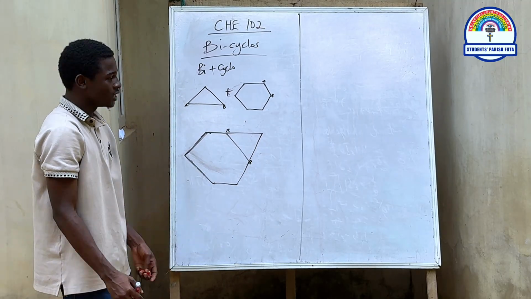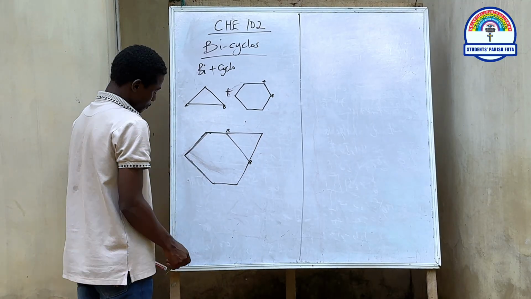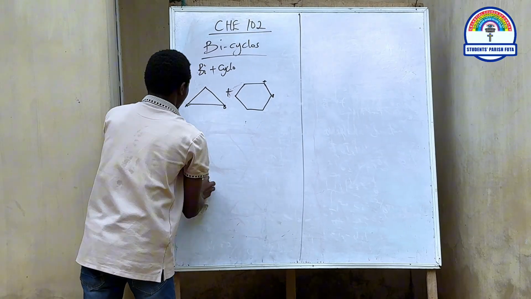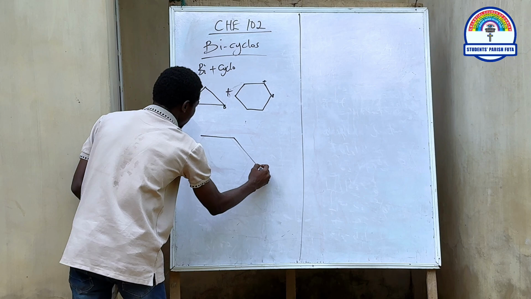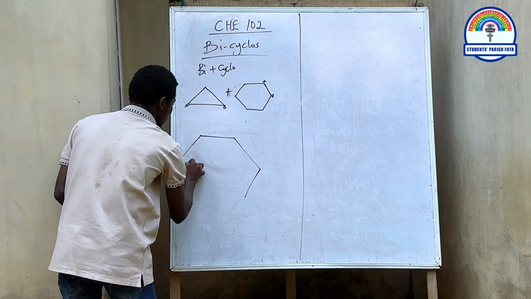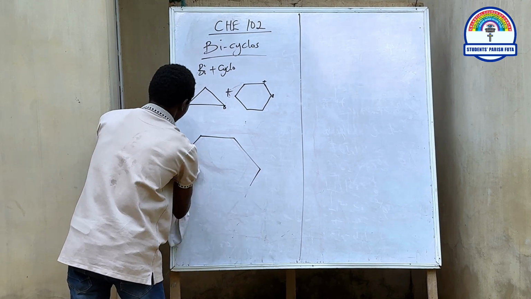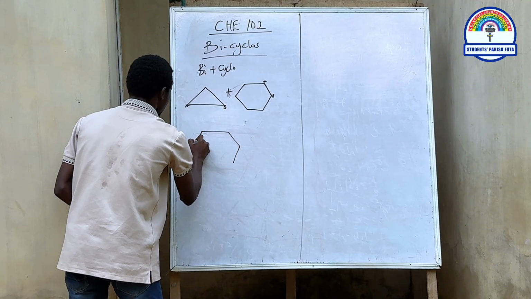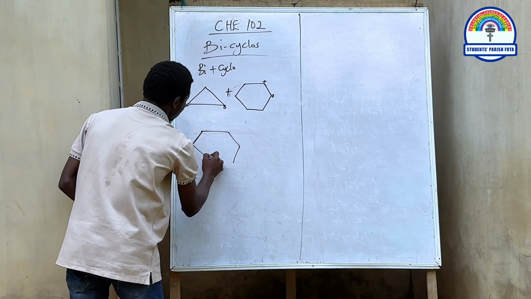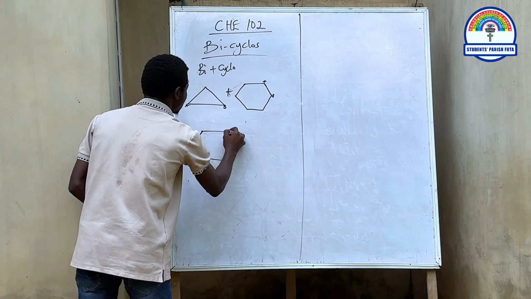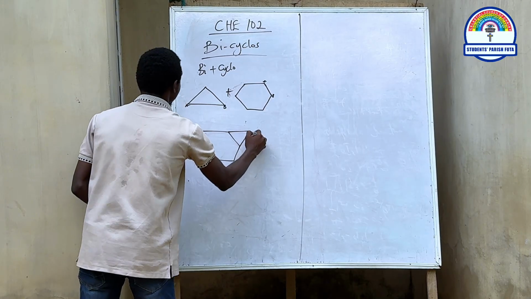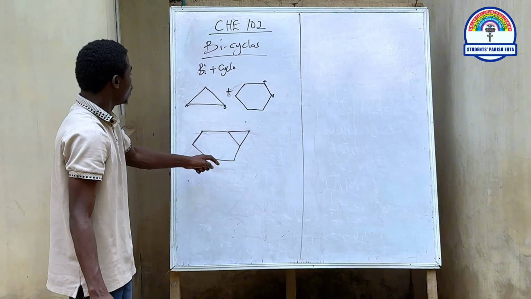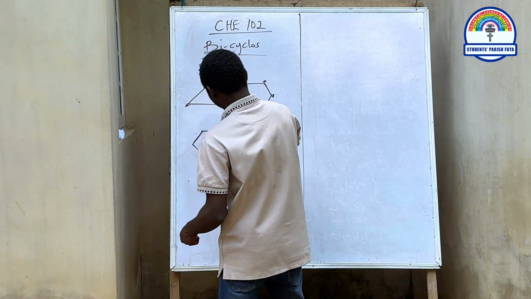So how do we name this? When you want to name bicyclo compounds, what you need to do is look at the point where they meet, where the two cyclos meet.